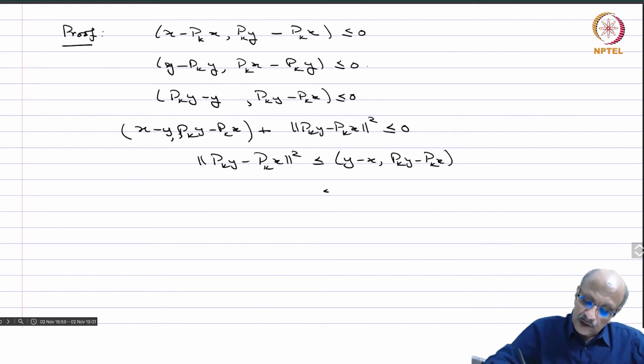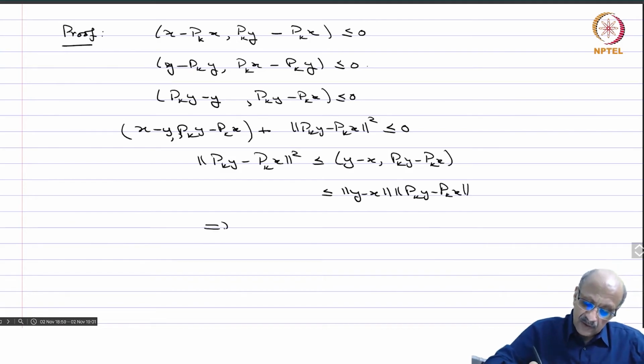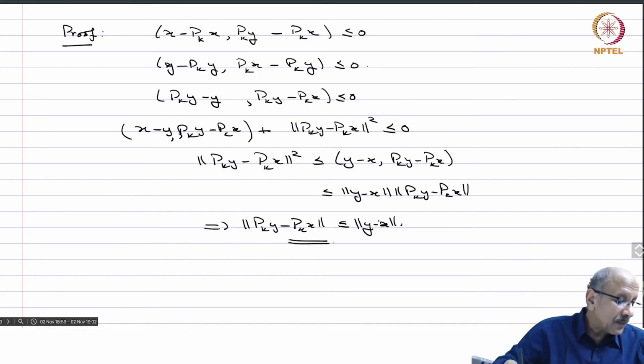And now by the Cauchy-Schwarz it is less than norm of y − x times norm of P_K y − P_K x. So I can cancel one norm of P_K y − P_K x, so that will give you norm of P_K y − P_K x is less than or equal to norm of y − x, and that proves this proposition.